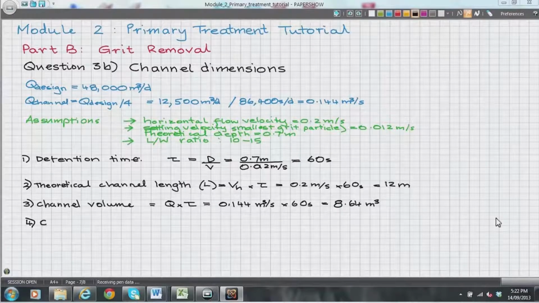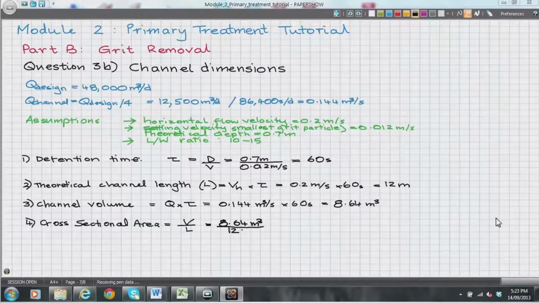Step 4 is then looking at the cross-sectional area. So that's going to be the total volume of the channel divided by the length. So we've got 8.64 cubic meters divided by 12 meters, which gives us a cross-sectional area of 0.72 square meters.